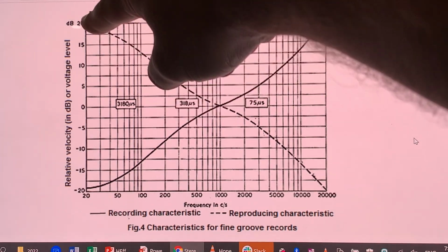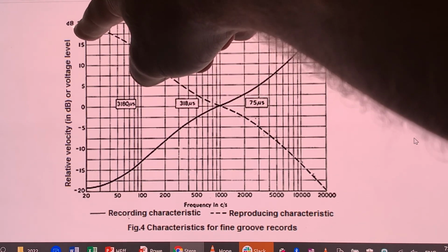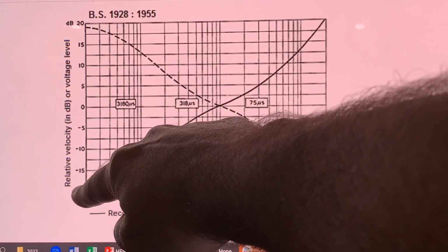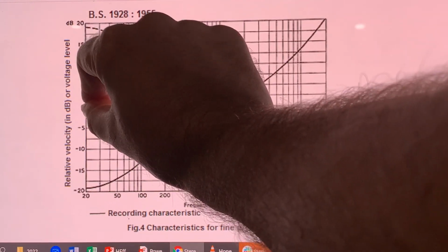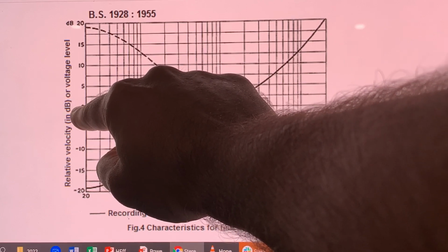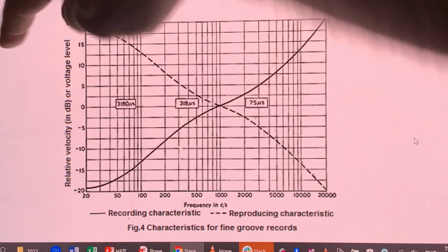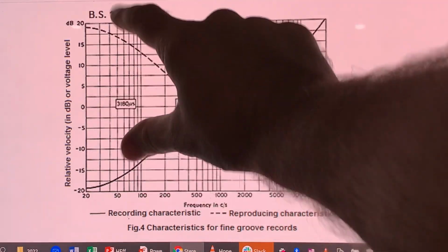So basically it's going to apply an 18 dB boost at 20 hertz, and the original was an 18 dB cut. So the two will snap to the line and we will receive a 0 dB signal at the same level that came from the microphone.